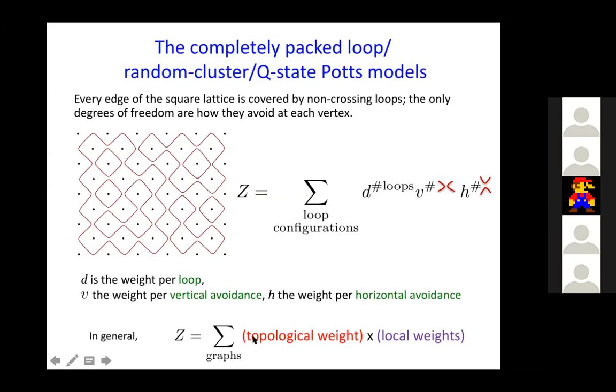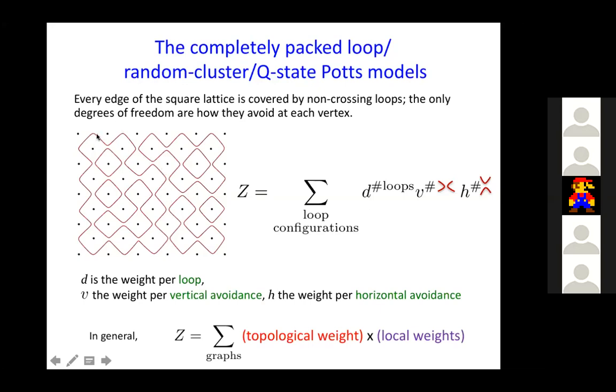So you can think of this partition function as having some topological weight. The key thing to notice is that this D is a number, the weight per loop. And that's topological, or non-local, because to know whether a loop is connected, you have to follow it all the way around.